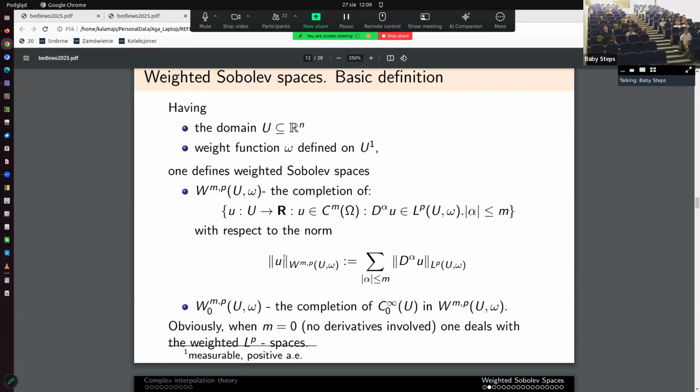For example, if the boundary is, I don't know, C2. Usually this is something very often encountered in this theory: if the boundary is at least C2, then something behaves well, but if it is not, then the behavior is much worse. So yes, something in that spirit. Questions, yes?